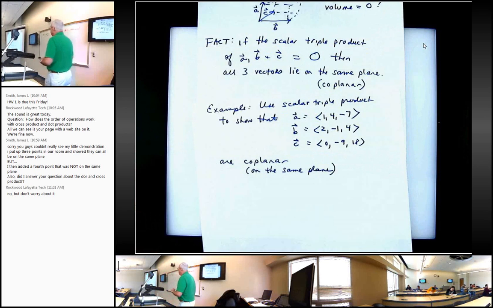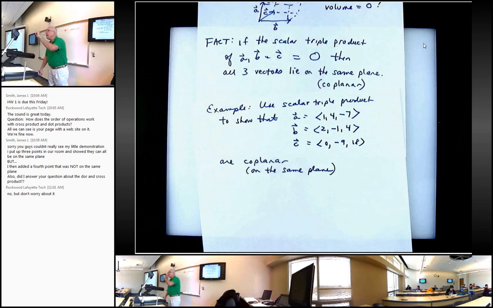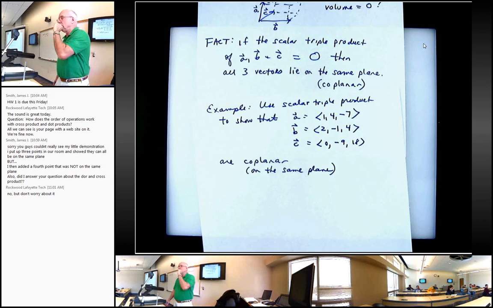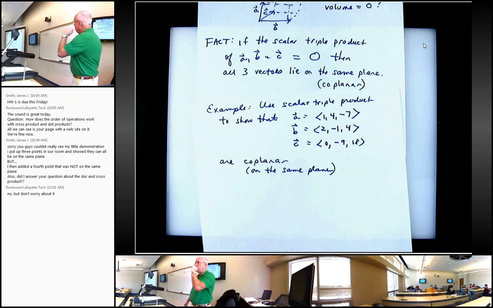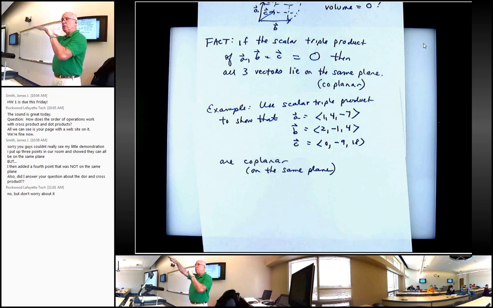All right. Now, question. If I were only given two vectors, a vector A and a vector B, would any two vectors be coplanar, on the same plane? Let's look at our 3 points here on the wall.